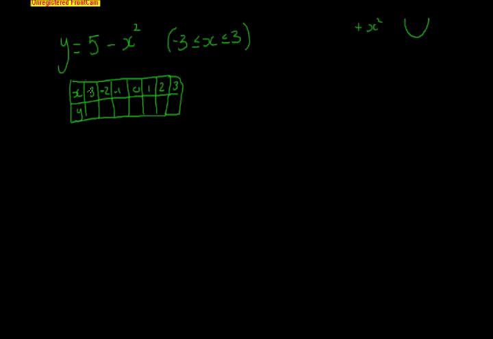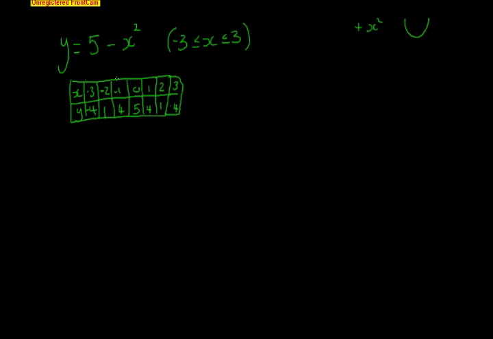Subbing -3 in, y will be -4; -2 in, y will be 1; -1, y is 4; 0, y will be 5; and 4, 1, and -4 again.